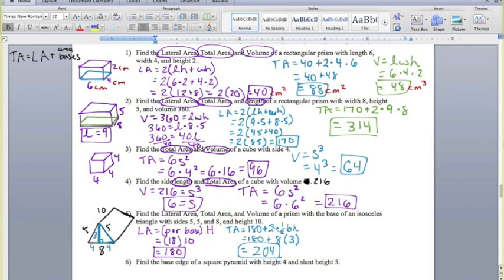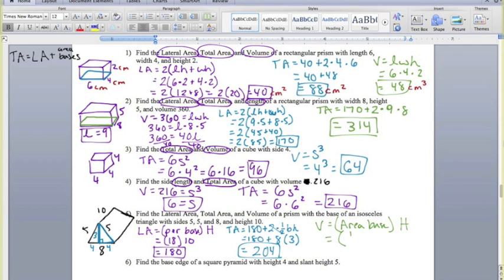Last part of this problem, boys. Volume. This formula does need to be memorized. Your volume formulas need to be memorized. The volume of a prism is the area of the base times the height of the prism.